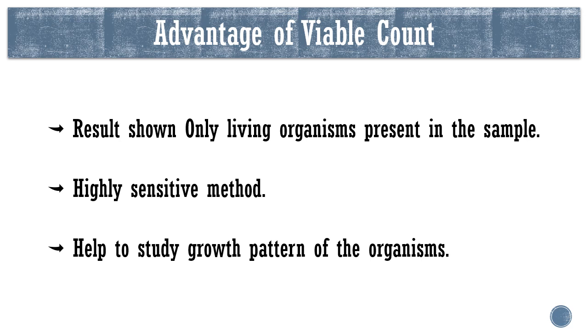Earlier, in the smear staining technique or chamber technique, a false positive result, that may be a dead particle, dead cell or dust particle, could also be counted as an organism. In this method, this false positive result cannot occur. Only living organisms are observed or counted in the viable count method.